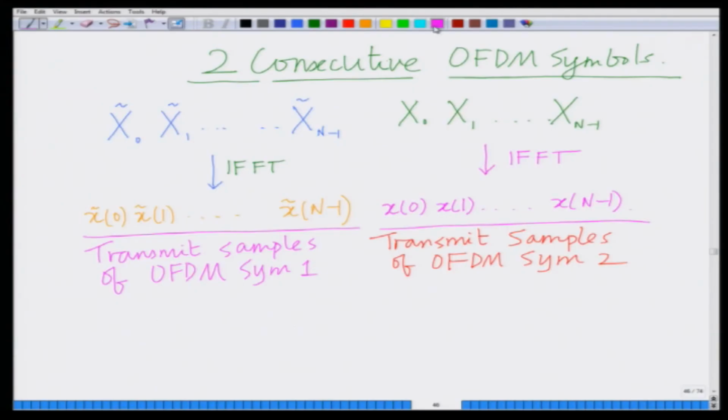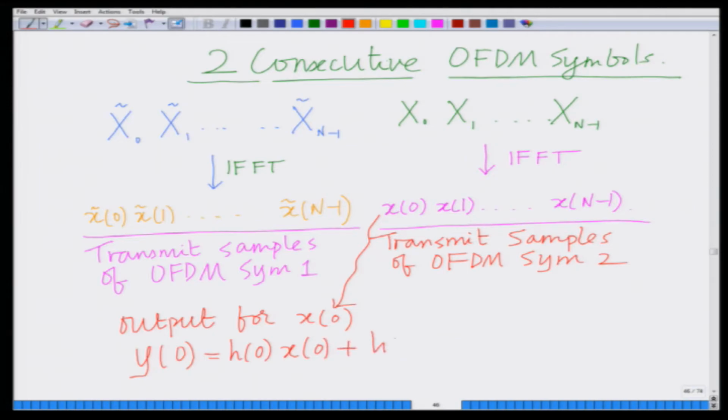Now, let us look at the output of this OFDM system. When I look at the output corresponding to x of 0, at the output of the frequency selective channel, I have y of 0 equals h of 0 times x of 0 plus h of 1 times the previous sample, but the previous sample is x tilde of n minus 1, plus h of 2 times the previous sample, which is x tilde of n minus 2, and so on and so forth.